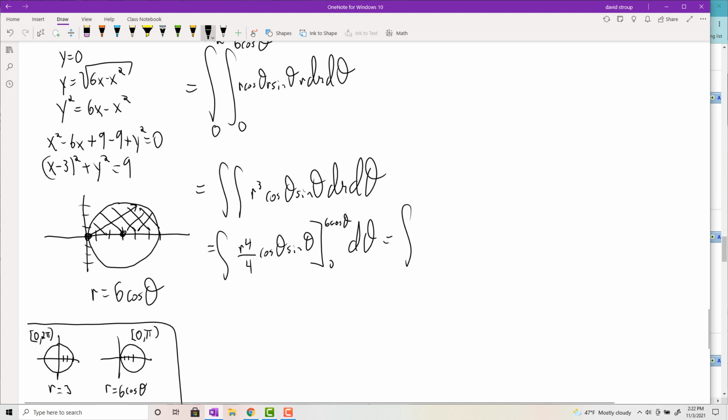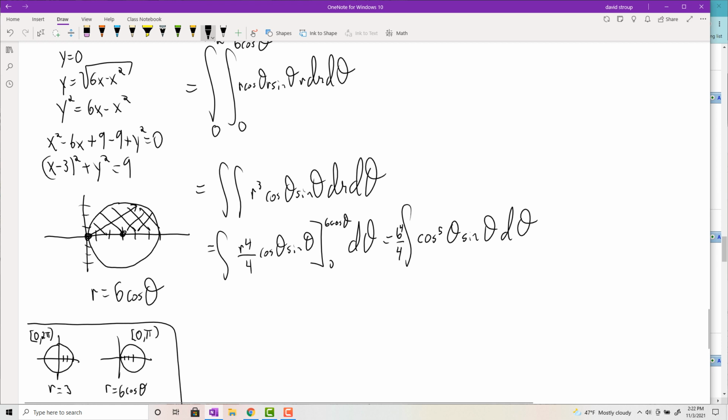So it'll be the integral of something ridiculous, right? So 6 to the 4th all over 4, and then we have cosine to the fourth times another factor of cosine will give you cosine to the fifth theta, sine theta d theta.